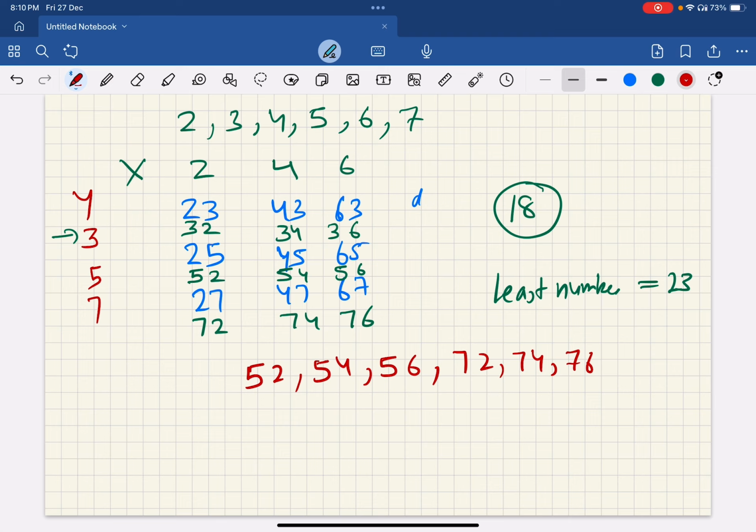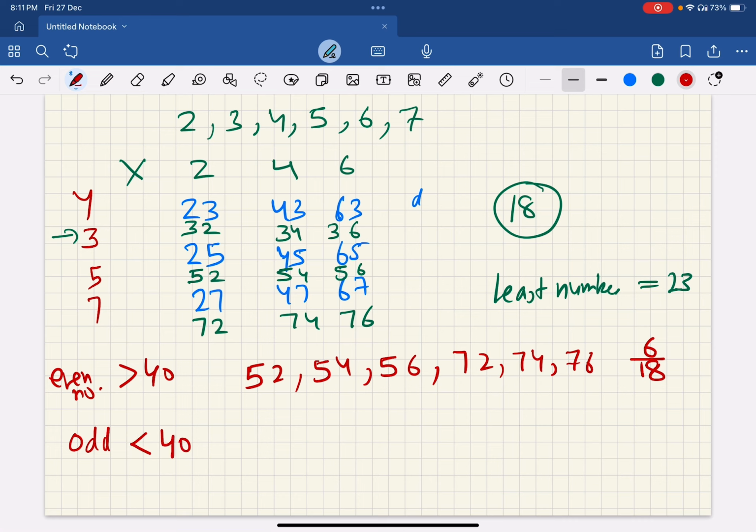So how many of them are there? 1, 2, 3, 4, 5, 6. So the probability of getting an even number greater than 40 would be 6 upon 18. I'm just writing even numbers greater than 40. Now odd numbers which are less than 40.